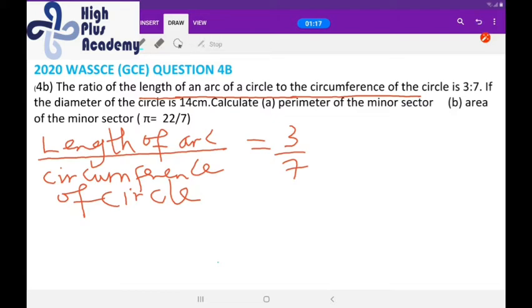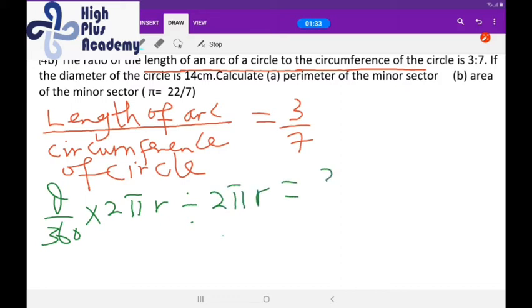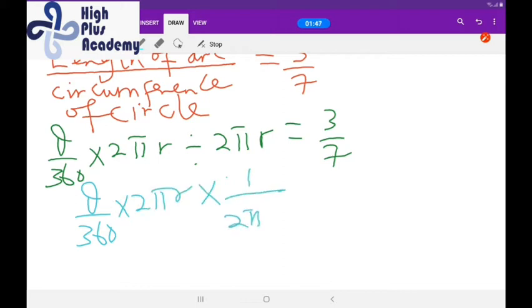Now you have to know the formulas of all these. Length of an arc is theta over 360 times 2 pi r, to be divided by circumference of a circle, which is 2 pi r. And we have the something to be equal to 3/7. So we have theta over 360 times 2 pi r times 1 over 2 pi r, so that this takes care of this.